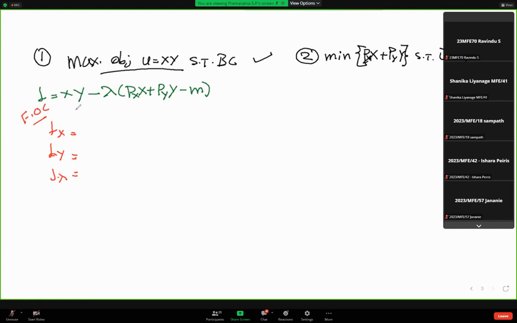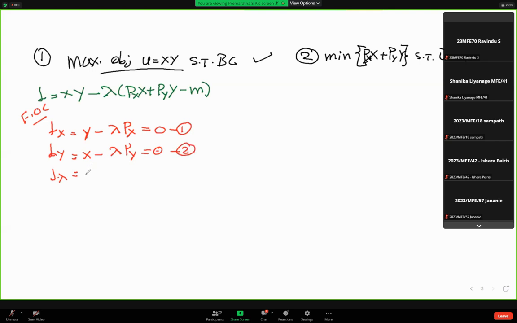When you differentiate with respect to x, you get y minus lambda px equal to 0. That becomes the first equation. Second, differentiating with respect to y, we get x minus lambda py equal to 0, the second equation.